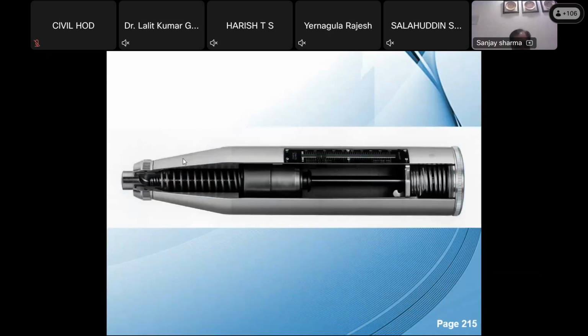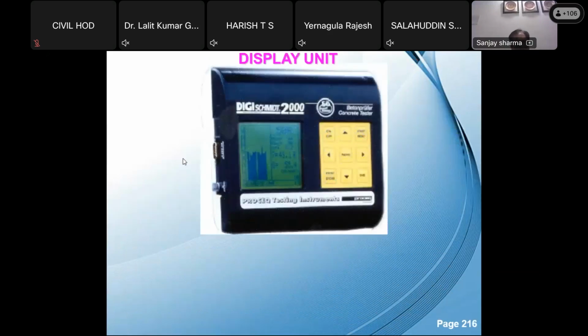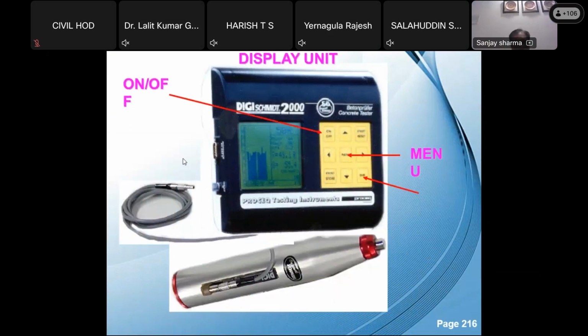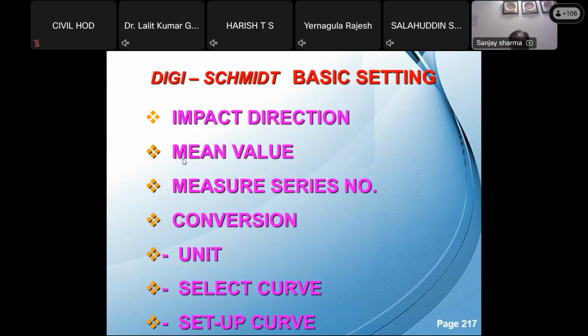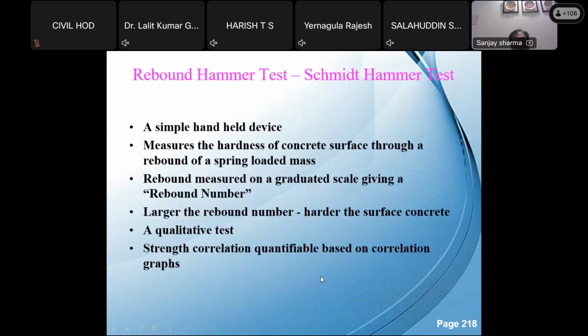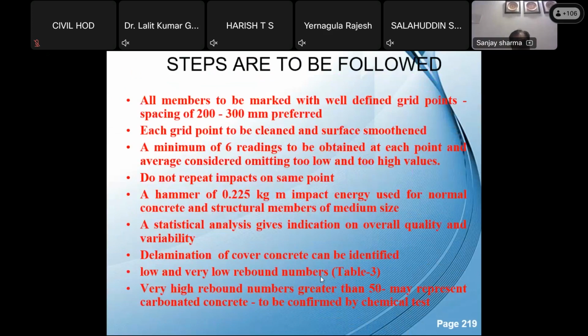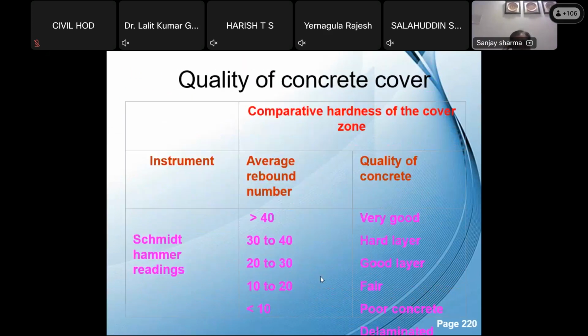I am not going into much detail on how it is to be used. Let us not go into that. But yes, we must take care of these values: impact direction, how many mean values, and all that. As I said, the prediction is about plus minus 25%, but we can make that prediction more accurate if we are able to understand the data properly.